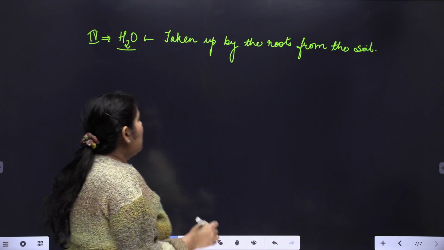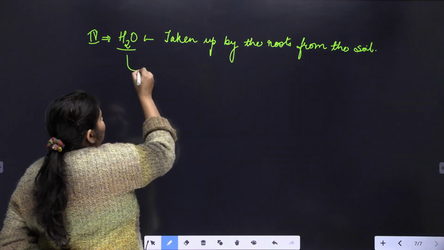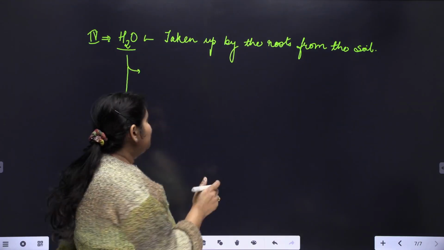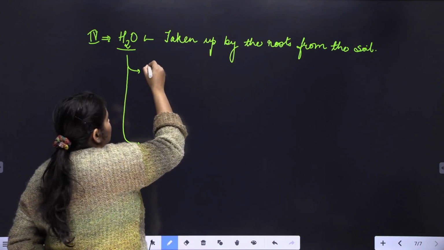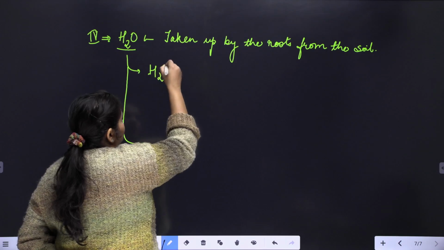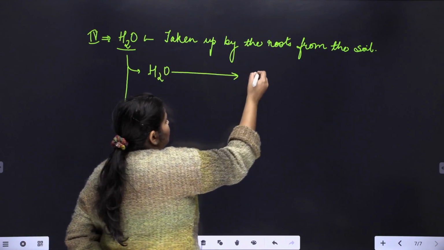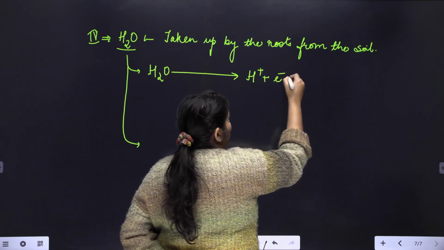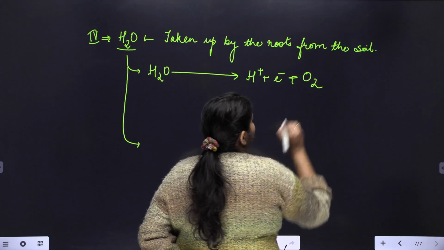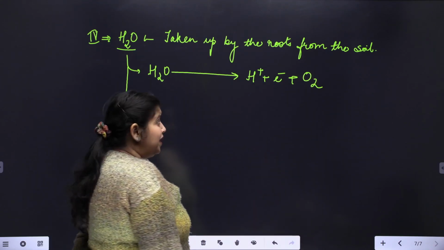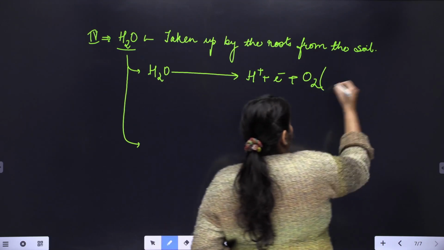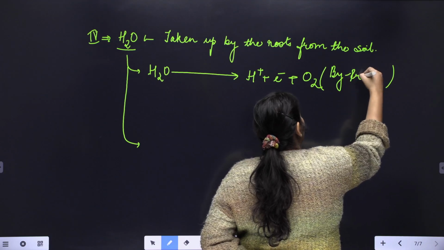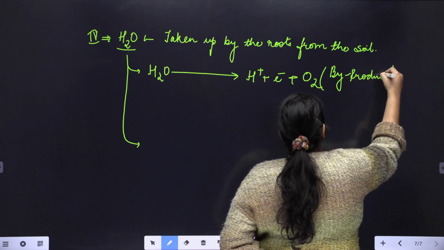Now, this water is very, very essential because it is playing two roles. The first one: water splits to release protons, electrons, and oxygen. That means the oxygen which is given off as a byproduct in photosynthesis, where is it coming from?